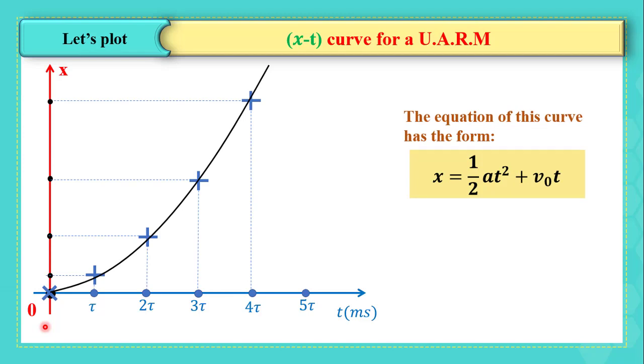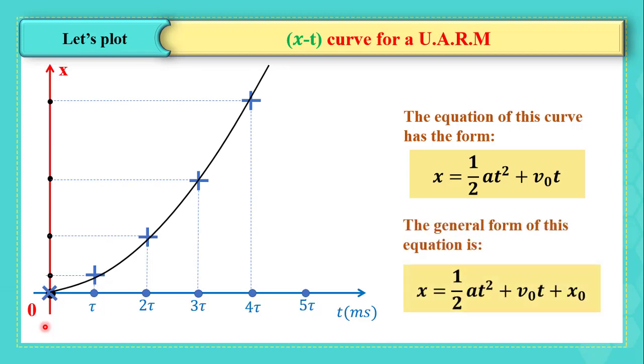Note that in this case we started timing when the object was at the origin of space, which means that x0 is equal to 0. In other cases, the general equation is x equal half at square plus v0t plus x0.